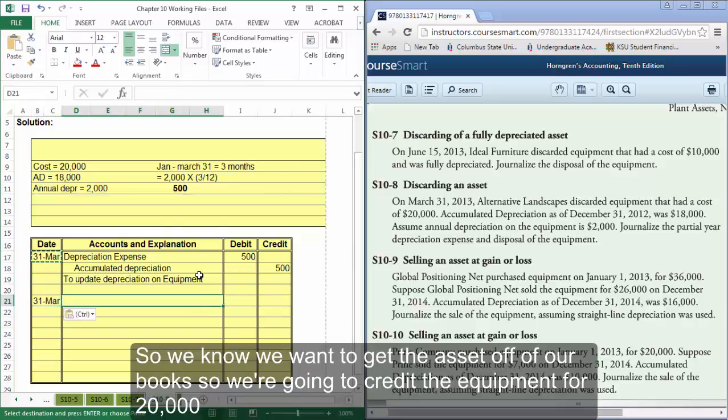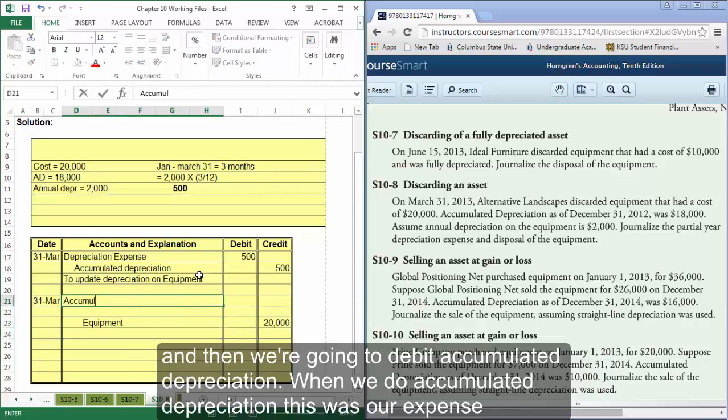All right, so we know we want to get the asset off of our books, so we're going to credit the equipment for $20,000. All right, and then we're going to debit accumulated depreciation.